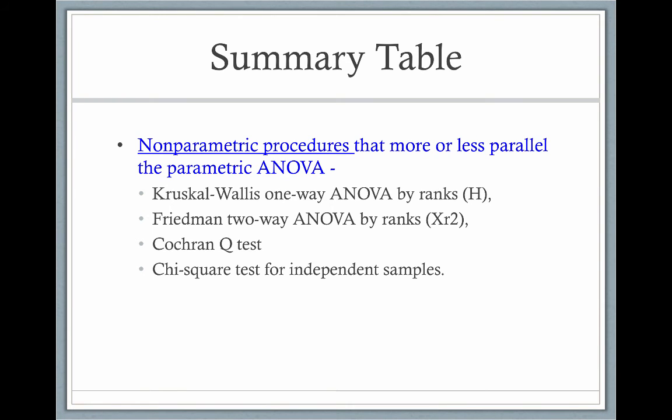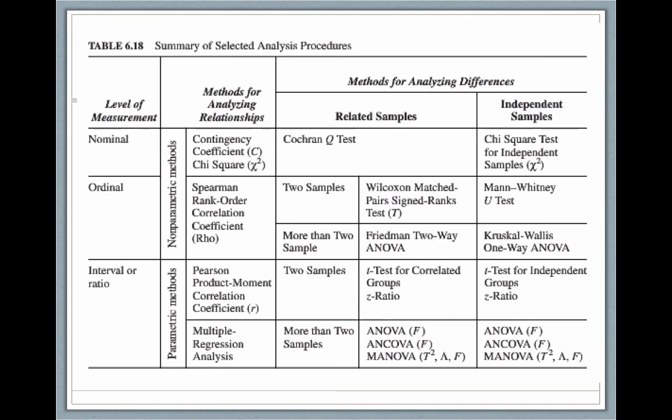Non-parametric procedures that are more or less parallel to an ANOVA. So for each ANOVA we do, if I hadn't already mentioned it, ANOVA is a parametric statistic. There are also non-parametric statistics that you could use. For a one-way ANOVA, there's Kruskal-Wallis, the Friedman two-way ANOVA, the Cochran Q test, and the chi-square test for independent samples. So if your data doesn't meet the criteria for a parametric statistic.